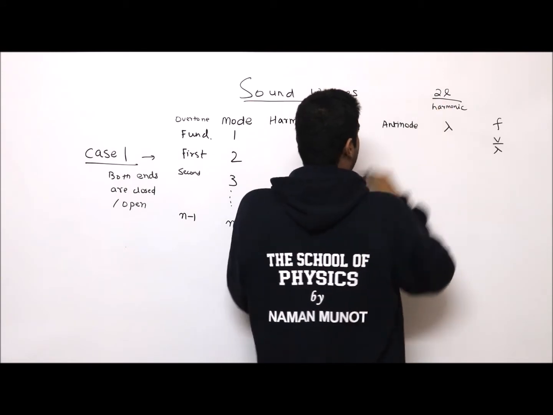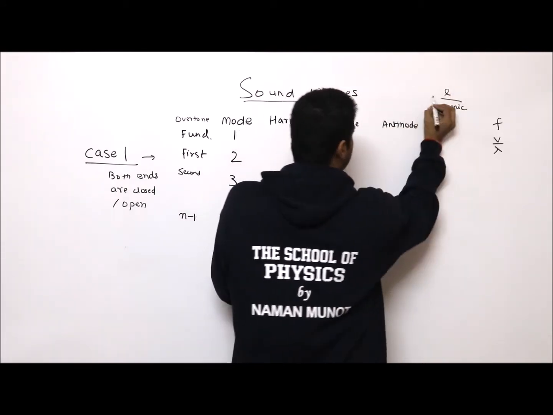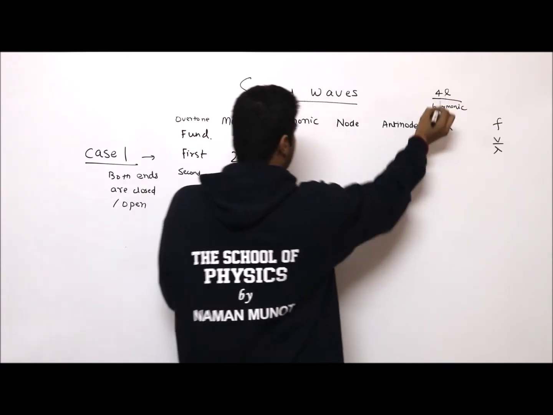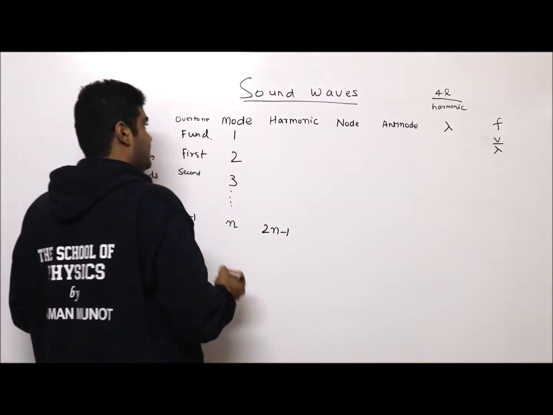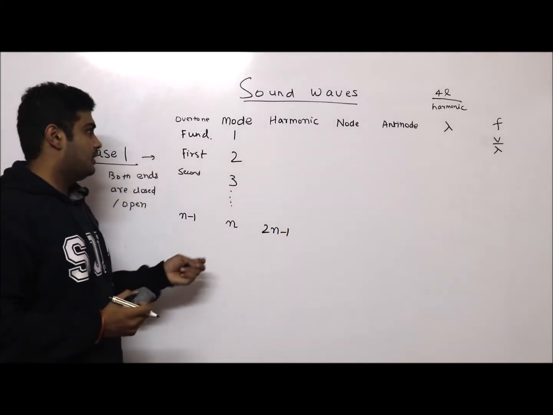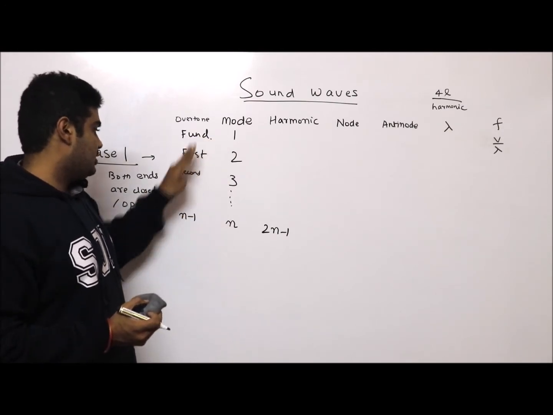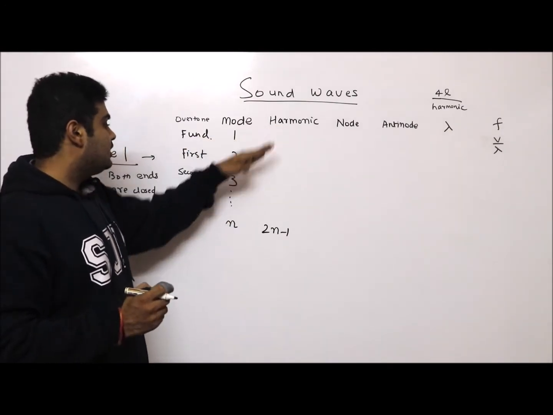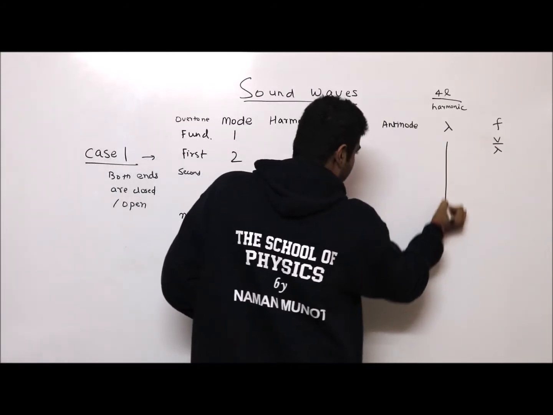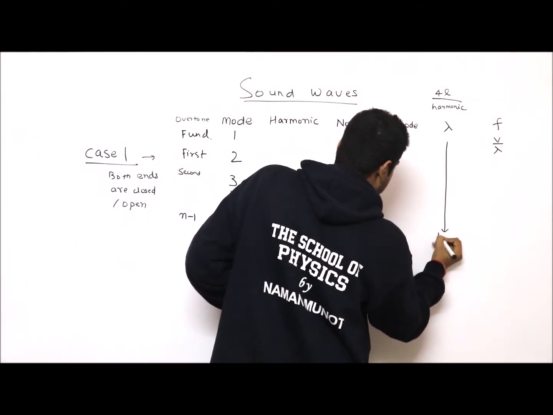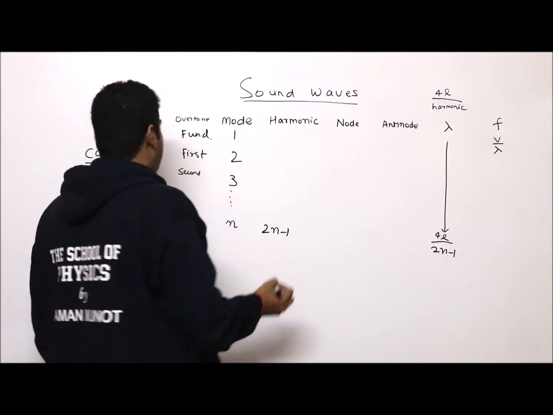One thing that is different: this is not 2L by harmonic, lambda will become 4L by harmonic, and the harmonic will become 2n minus 1. So if the number of modes is n, then the overtone will be n minus 1, the harmonic will become 2n minus 1, and lambda will become 4L by harmonic, that is equal to 4L upon 2n minus 1.